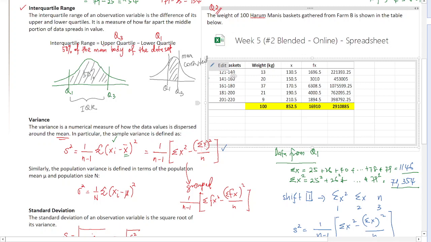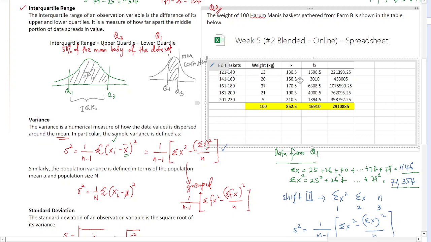So we have 121 until 140. So in order to calculate the standard deviation and also the variance for this group data set, the first thing that you need to do is to find the midpoint. So the midpoint here is x. So to find the value of x here, what you just need to do is to simply add the lower and the upper values for each of the classes.